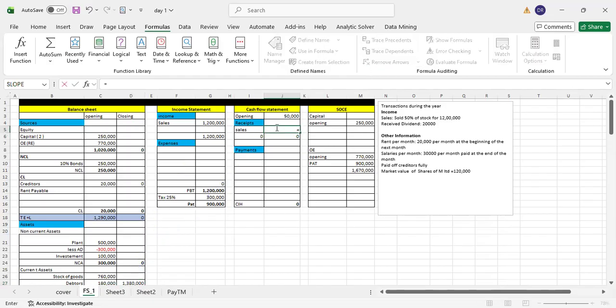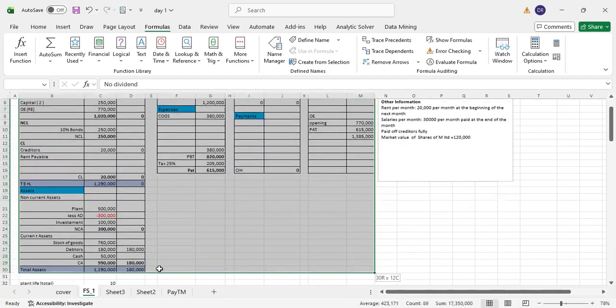Okay. And whenever there is a sale, there is always a need to find out the corresponding cost of goods sold because of the matching principle. And the corresponding cost of goods sold, COGS, is 50% of the stock available. The stock available is 760,000 into 0.50. Okay, so let me increase the font size.